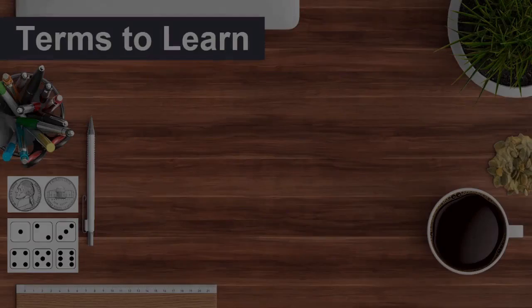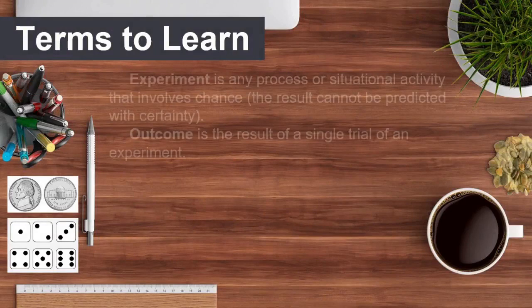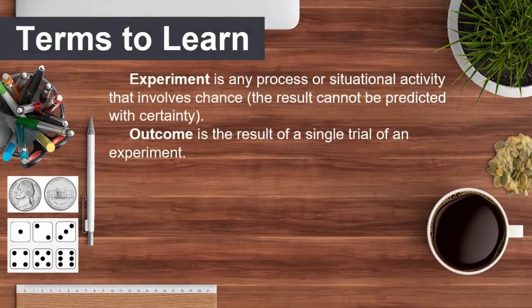Okay? So now let's define the terms. Experiment. An experiment is any process or situational activity that involves chance. Just like in science, the result cannot be predicted with certainty unless you actually perform the experiment. And then we talk about outcome. An outcome is the result of a single trial of an experiment.